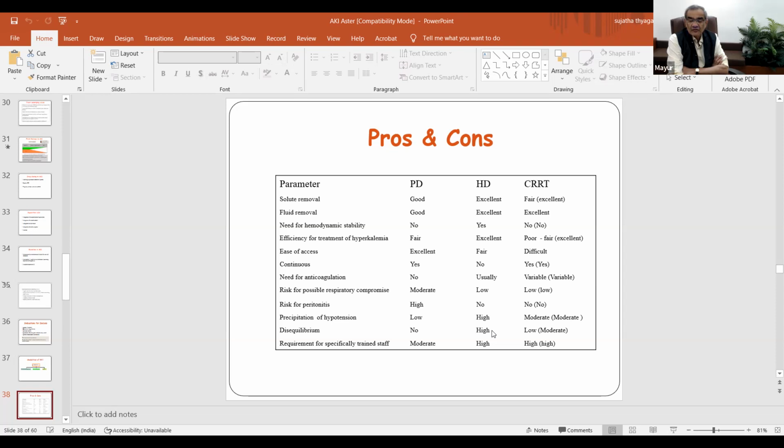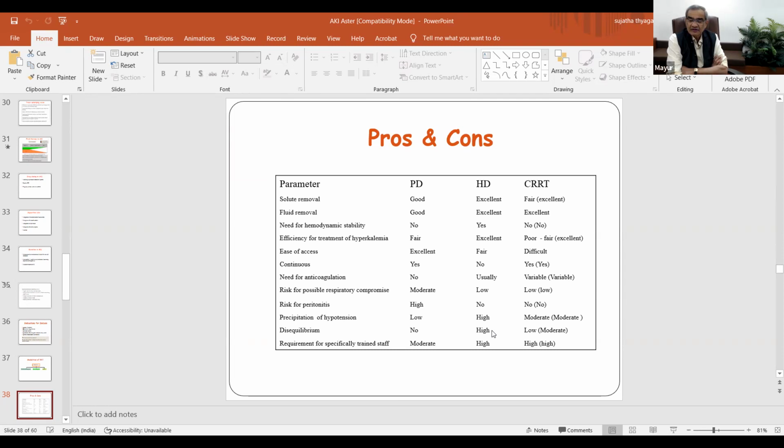Disequilibrium. Now, if the urea and creatinine levels are sky high, let's say a 2-year-old with a urea of 300 and creatinine of say 5, 6, it's very high for him. And if you suddenly and rapidly reduce these levels with hemodialysis, there is a risk of disequilibrium because you will be reducing the urea from say 300 to 100.